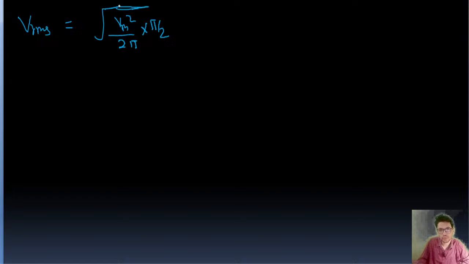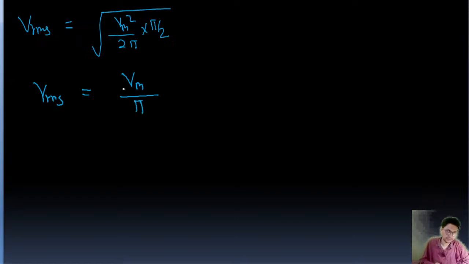So to solve it, VRMS is going to be root of Vm square by 2 pi into pi by 2. So VRMS, the root mean square value, is going to be... sorry, the pi will get cancelled.